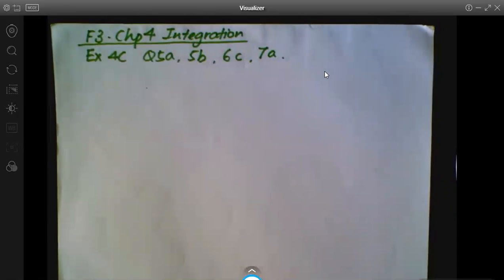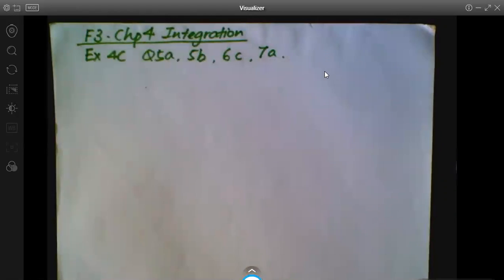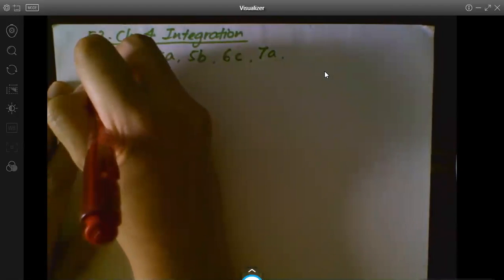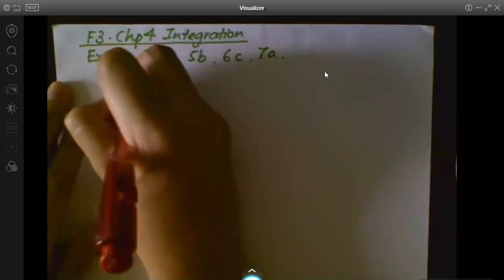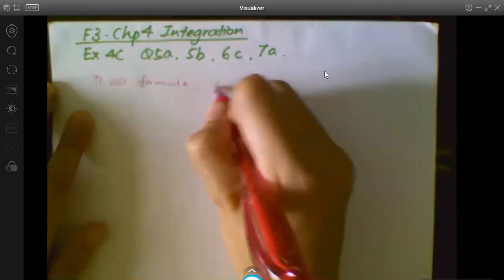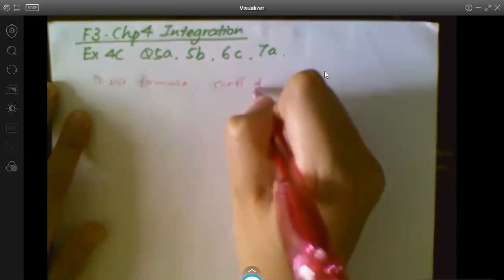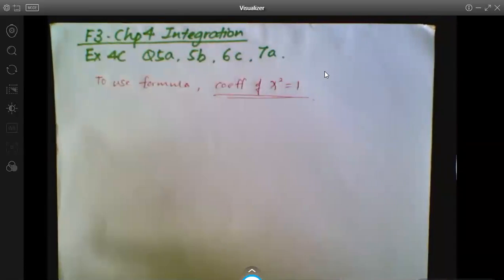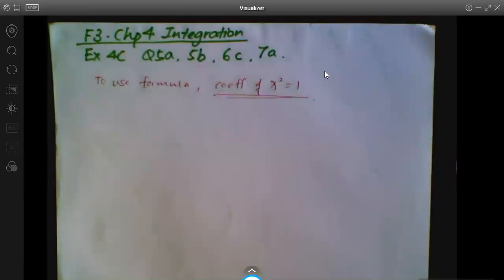Now, the thing to note is when you use the formula, the coefficient of x squared must be 1. This is very important. So I'm going to cover how we convert the expression before you can use the formula.